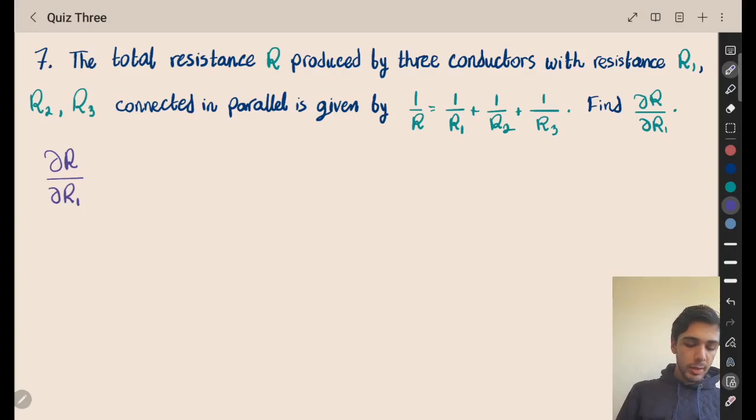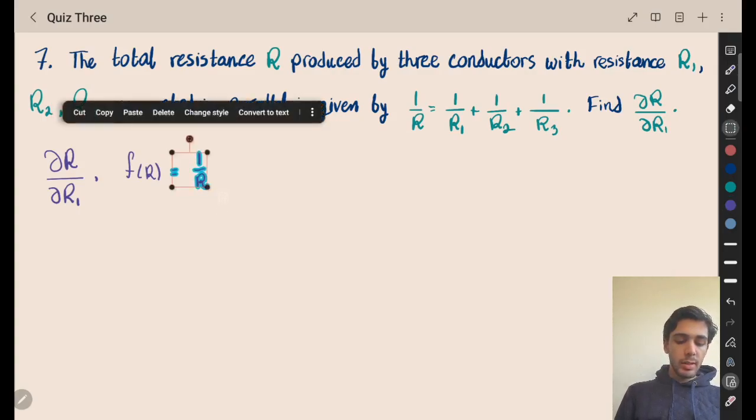And I claim that the key is to define a function f which will be equal to 1 over r. This is a function of r, correct?